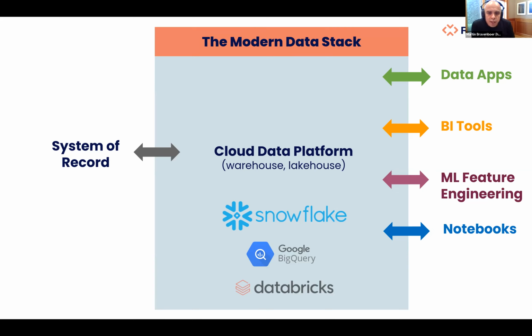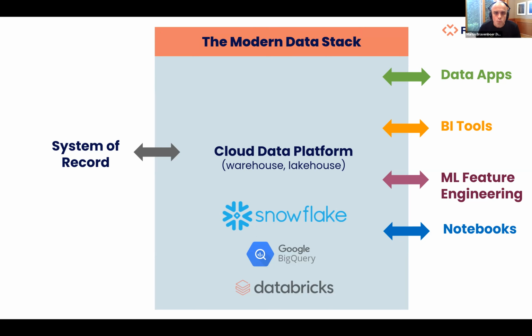The way the modern data stack tries to address this problem is by bringing the data from all these applications into cloud data platforms like Snowflake, Databricks, and BigQuery. Then you end up with the data of all these applications in one system, and now you can join across those systems and do useful things with the data. Typically that's used to serve BI tools, do feature engineering, and host data apps.